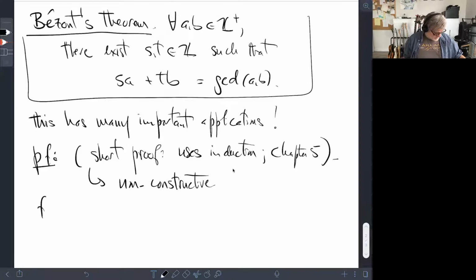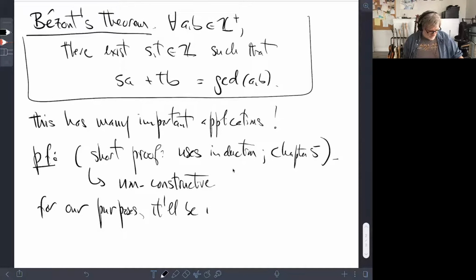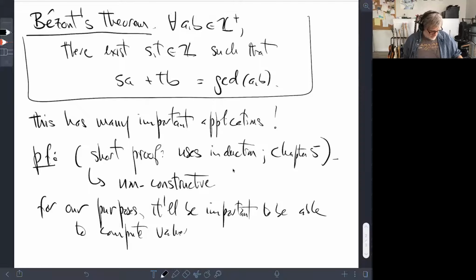For our purposes, it'll be important to be able to compute the values s and t. It's really nice that they exist, but we need to be able to compute them.